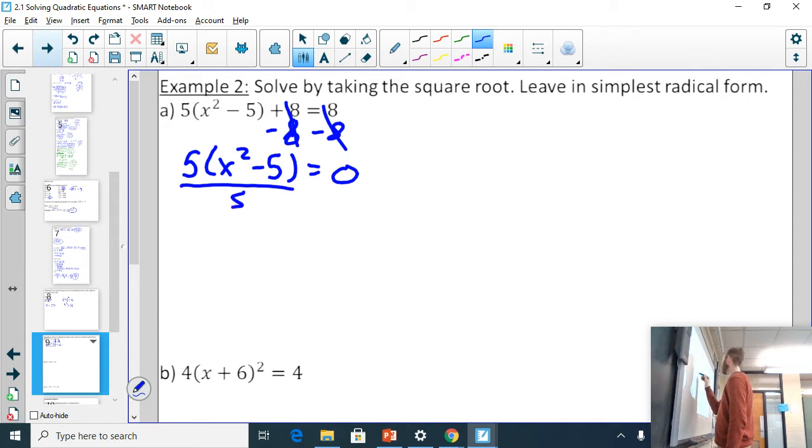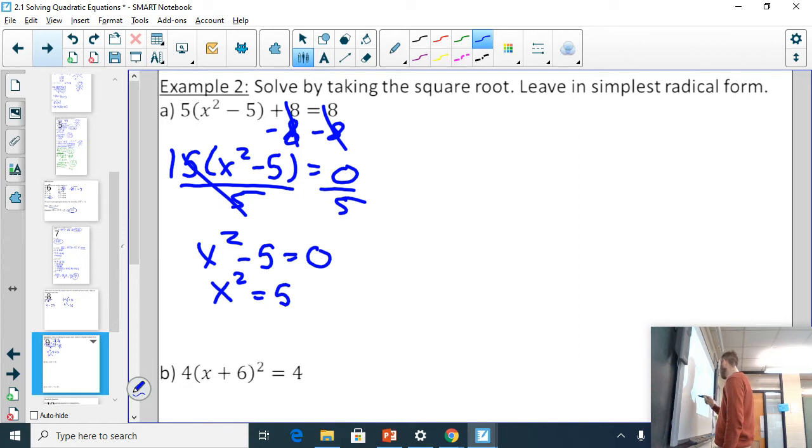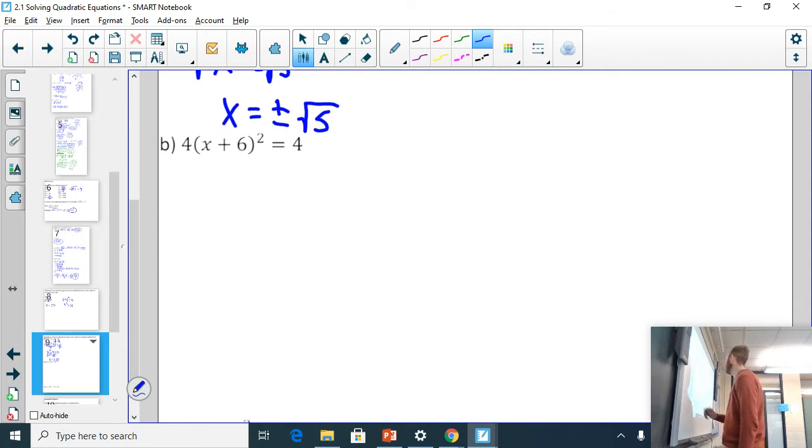I'm going to divide by 5. 5 divided by 5 is 1, times anything is just itself. 0 divided by 5 is just 0. Add the 5 over, and so we get x equals plus or minus, take the square root of both sides, plus or minus because we took the square root, of 5. And that'll be our answer.